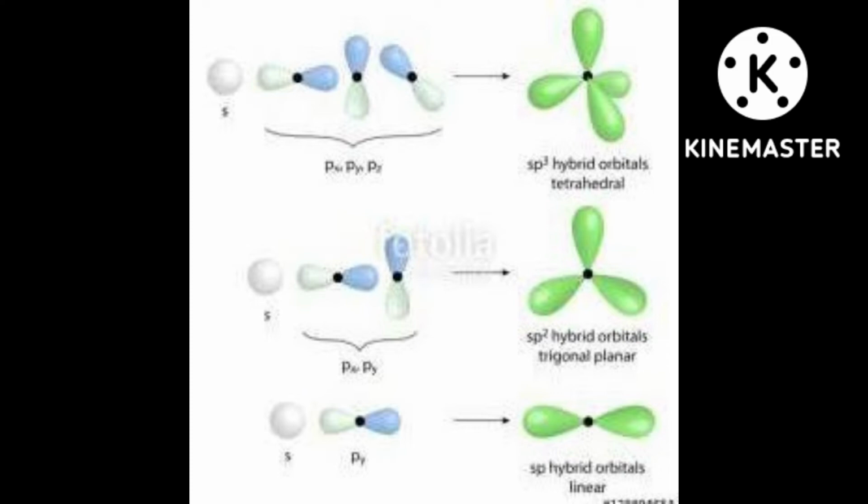Third, promotion of electron is not an essential condition prior to hybridization. Here promotion means, suppose 2s and three 2p orbitals are there.